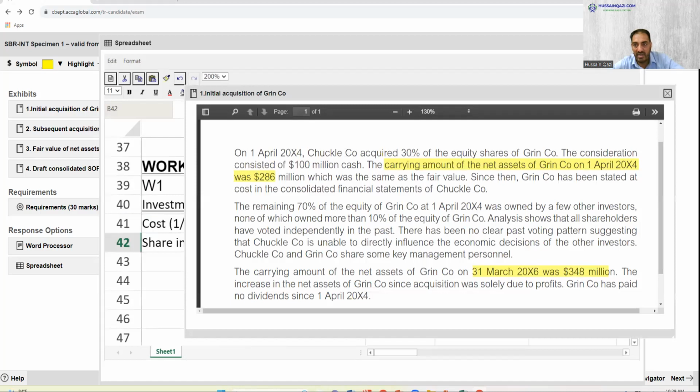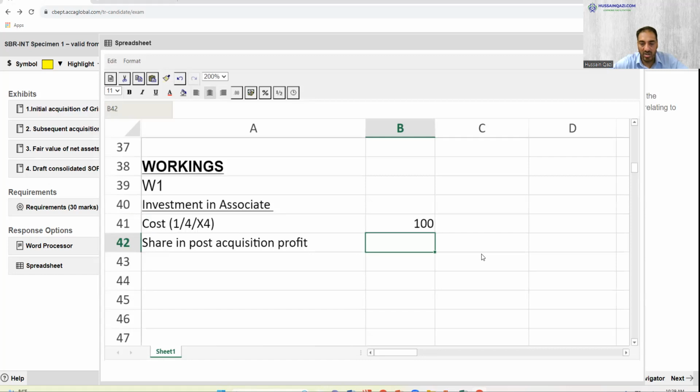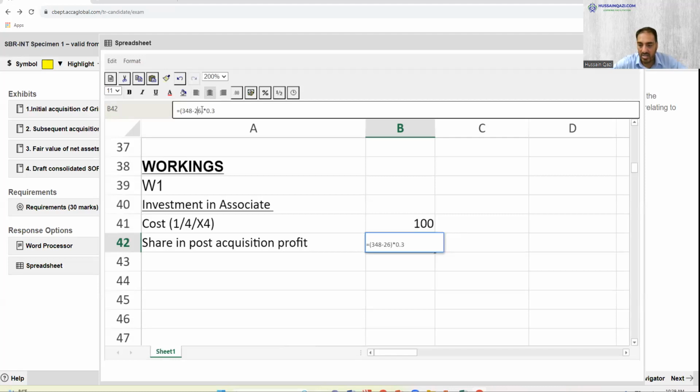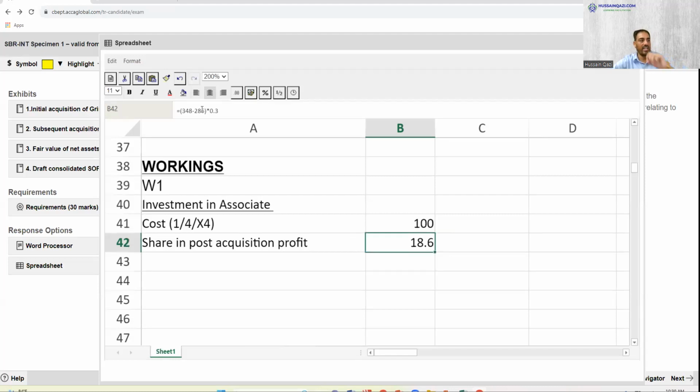That is 348 minus 286, into 30%. That's 18.6.